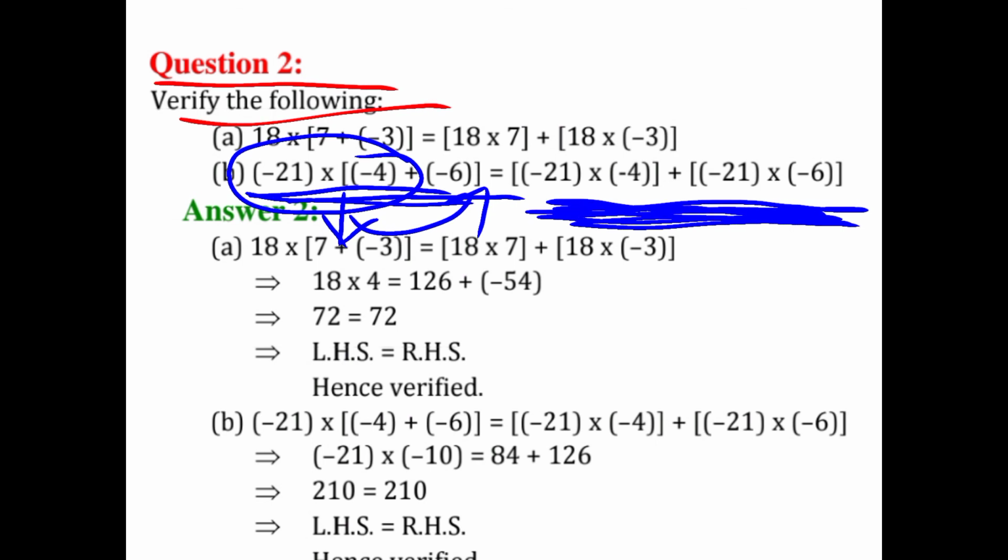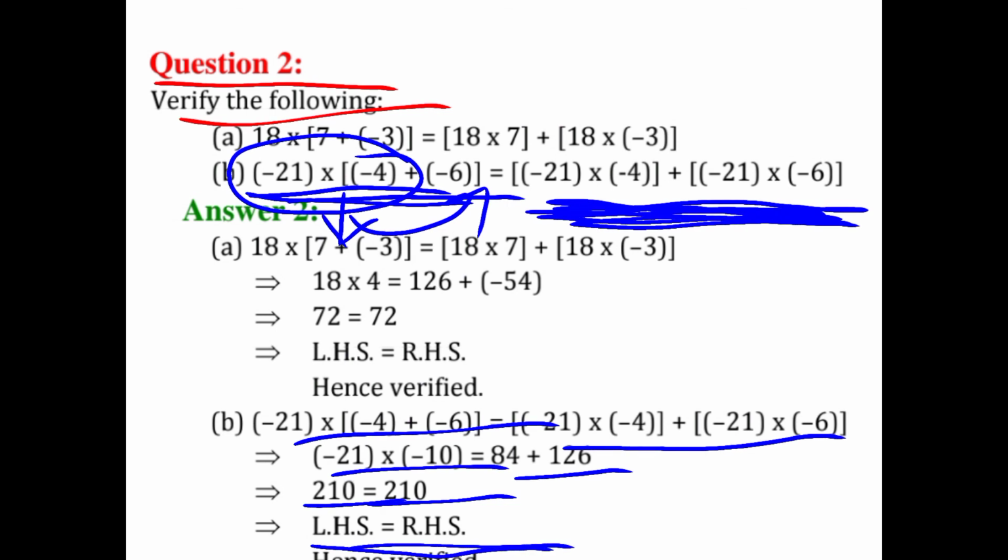It is already done for you, so you can see here, we get minus 21 into minus 10 here, and 84 plus 126, so ultimately we get 210 is equal to 210. In this case, LHS is also equal to RHS, so this is verified, right? So you can take help from the solutions.